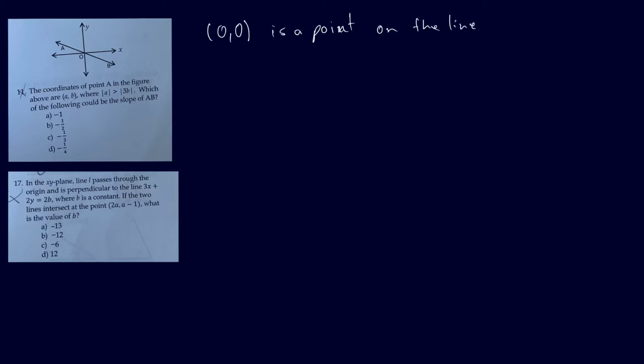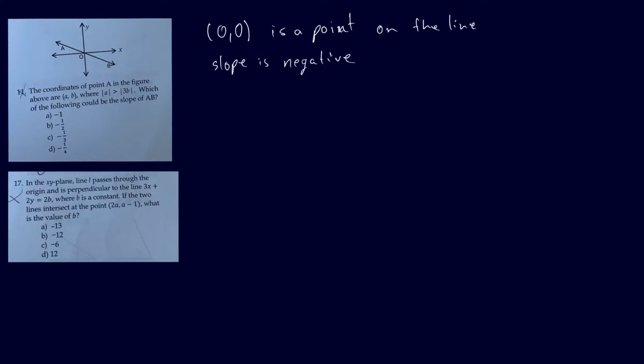And we know that the slope is going to be negative because it's going down from left to right. This statement is a bit obvious because all of the choices are negative.